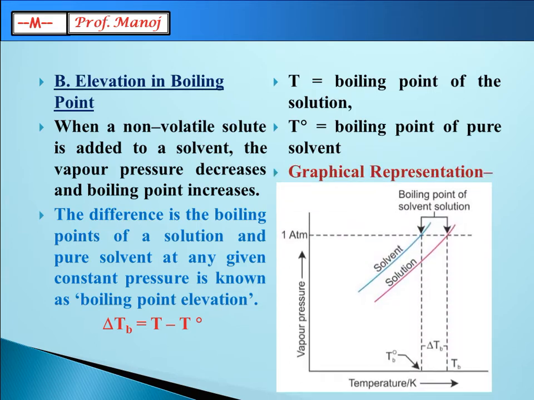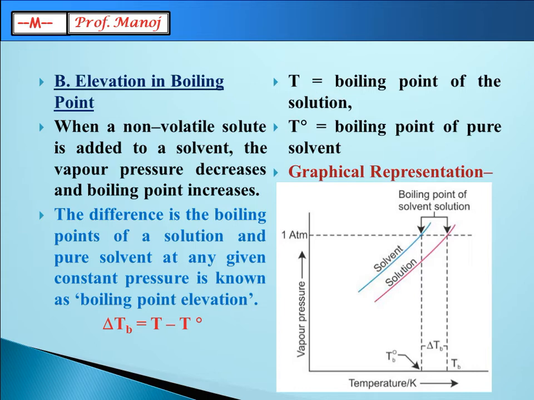Graphically, we can see this with a graph here where temperature is on the x-axis, vapor pressure is on the y-axis. Watch the graph very carefully. This usually comes in exams to draw. First watch the blue line, this is the solvent graph. The graph is to be read from left to right. You can see the solvent value increases as temperature increases. It reaches 1 atmosphere and the value below is mentioned as T0.